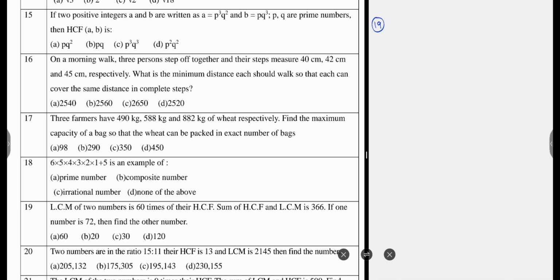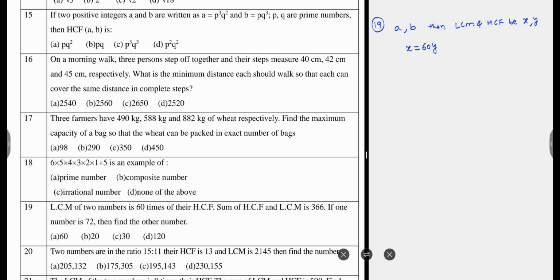Let us take the two numbers as A, B and their LCM and HCF as X, Y. LCM of two numbers is 60 times their HCF, so X is equal to 60Y.